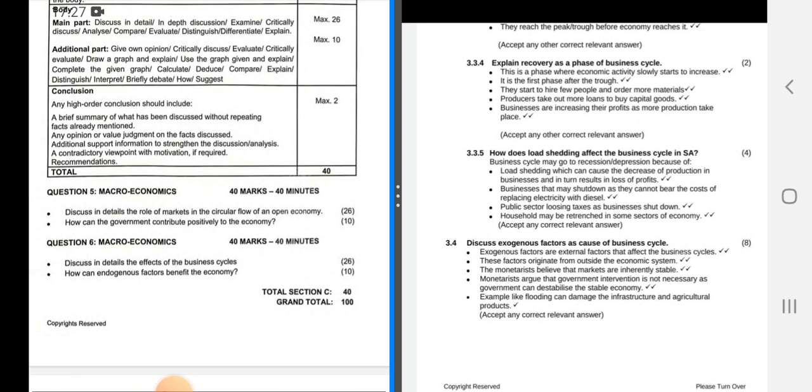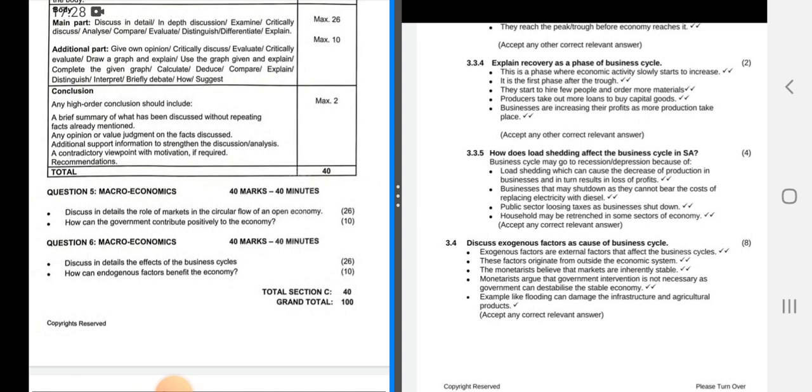Question 5 says, discuss in detail the role of markets in the circular flow of an open economy. So underline the role of markets in the circular flow of an open economy.